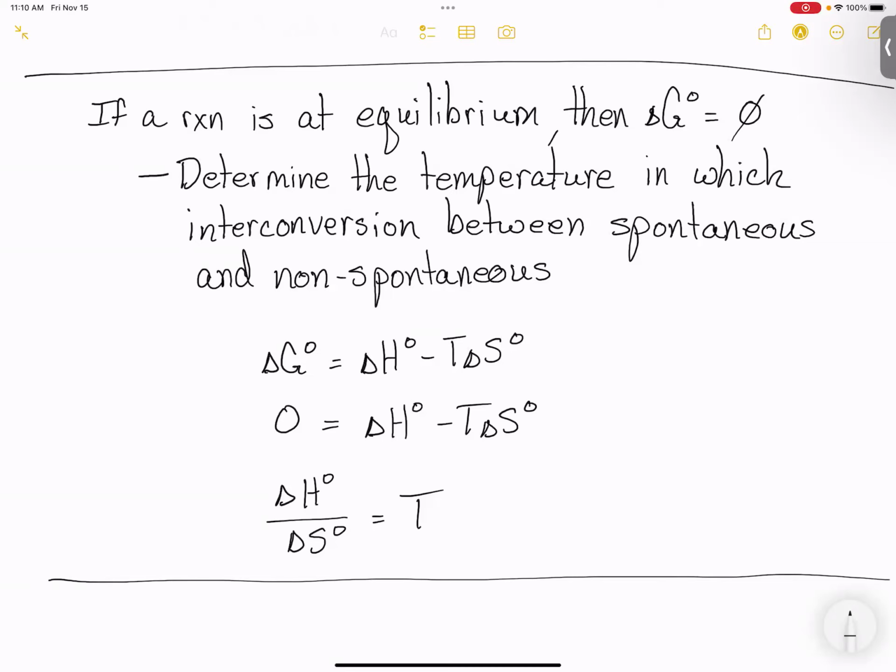And then the other thing we can do is figure out at what temperature a non-spontaneous reaction will become spontaneous, using the fact that a reaction at equilibrium has a Gibbs free energy of 0. That means it's perfectly at equilibrium.